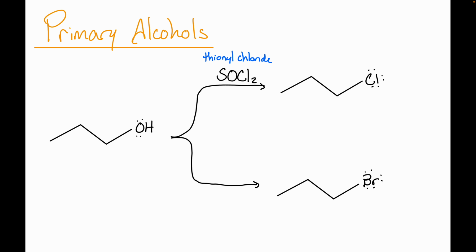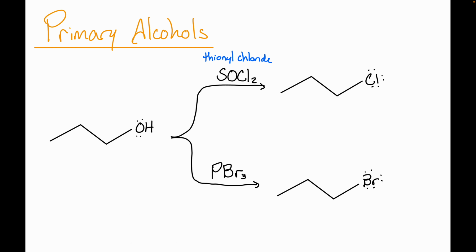And in order to convert a primary alcohol into an alkyl bromide, we're going to use phosphorus tribromide, PBr3. Okay, so we got to use some fancy reagents here.